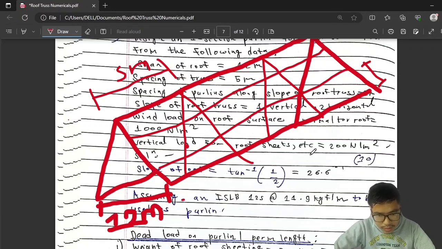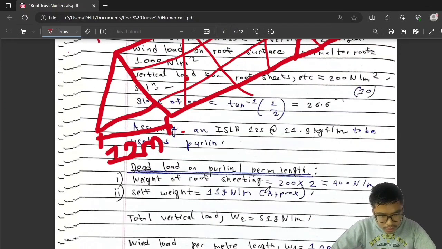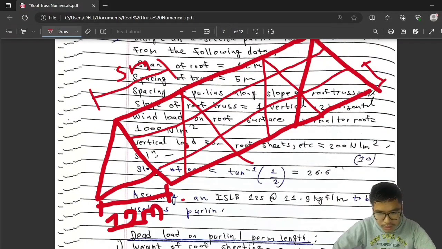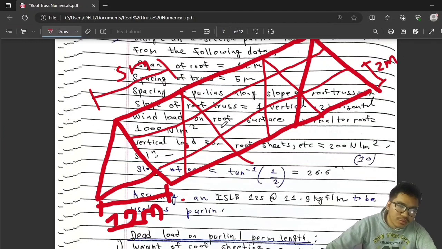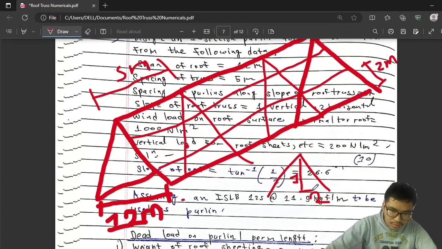I think it is 2 meters. 2 meters, and slope of the roof is 1 vertical, 2 horizontal. That is the slope. So for 1 vertical, horizontal is 2.